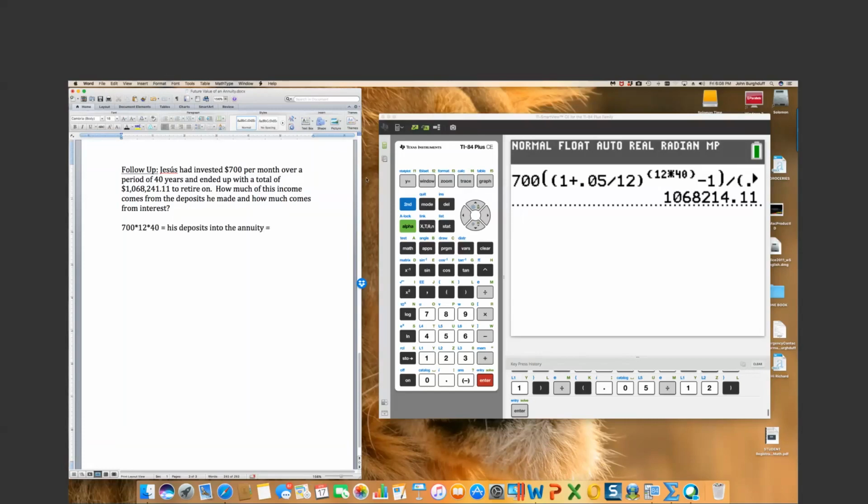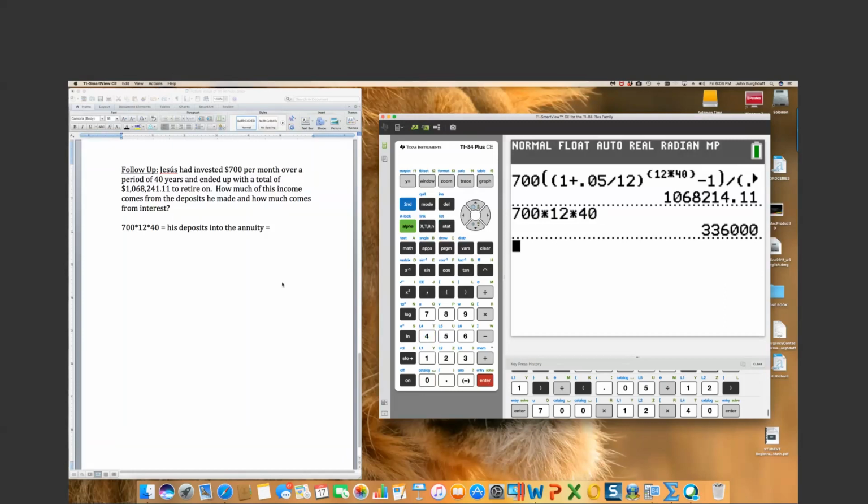So 700 times 12 times 40, enter. That would be $336,000. This is the total of all the checks that he wrote, or all the automatic withdrawals that he made over the course of those 40 years.